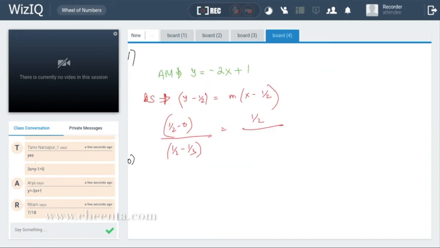So half divided by 1/6. So this is 3. So y minus half equals 3 times x minus half.